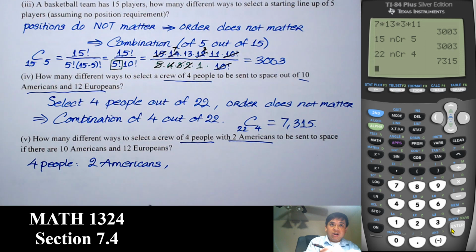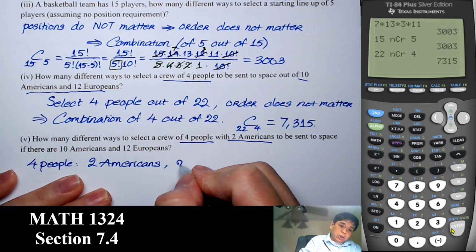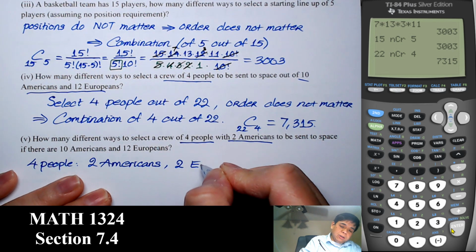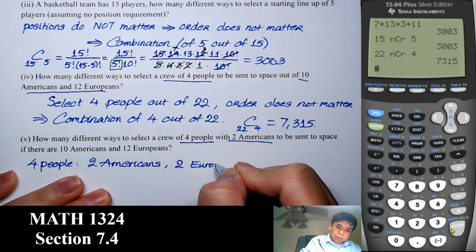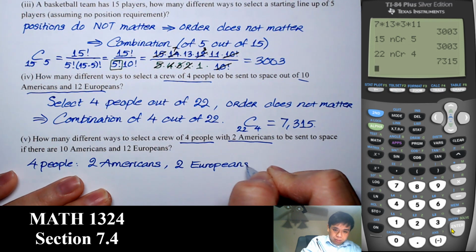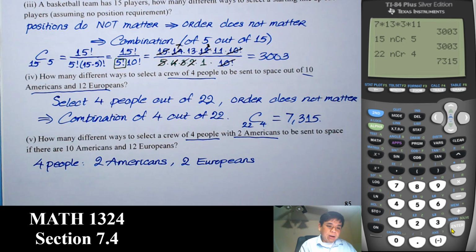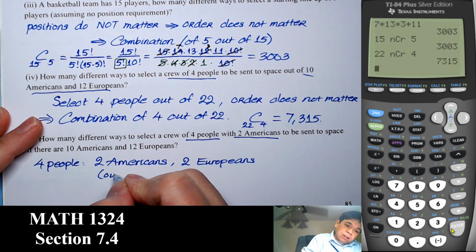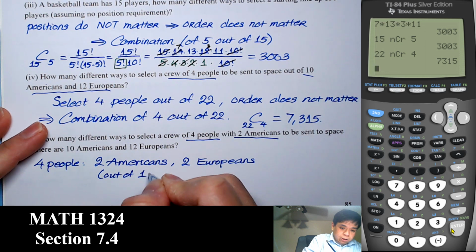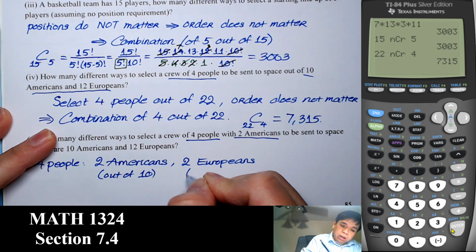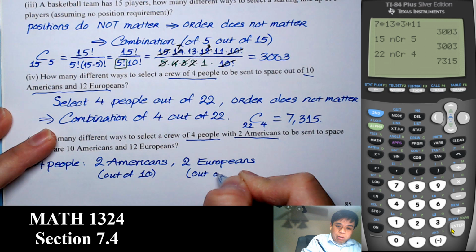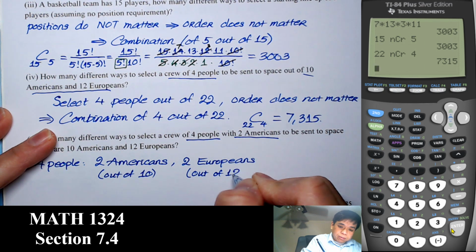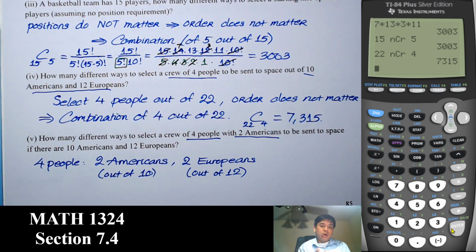We choose 2 Americans first, and then we choose 2 Europeans. We choose 2 Americans out of 10, and 2 Europeans out of 12, because there are 10 Americans and 12 Europeans.